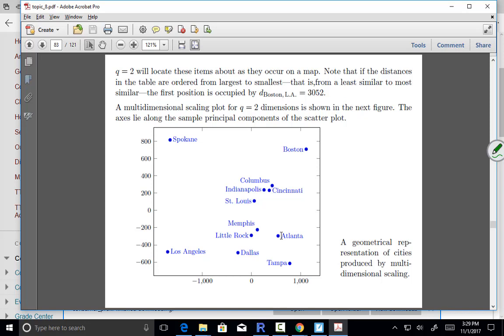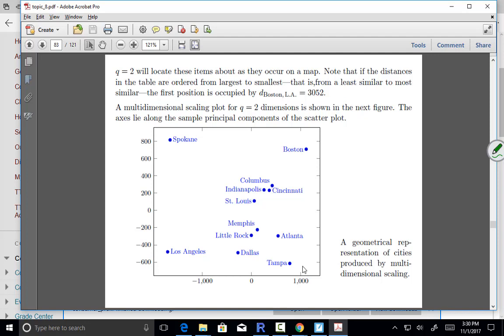So this picture maintains the essence of the interrelationships that were in the original data. Boston is further away from Spokane than it is from Columbus, for example. That was one aspect of the distances on the previous slide. It's roughly equidistant from Spokane as it is from LA and from Tampa.